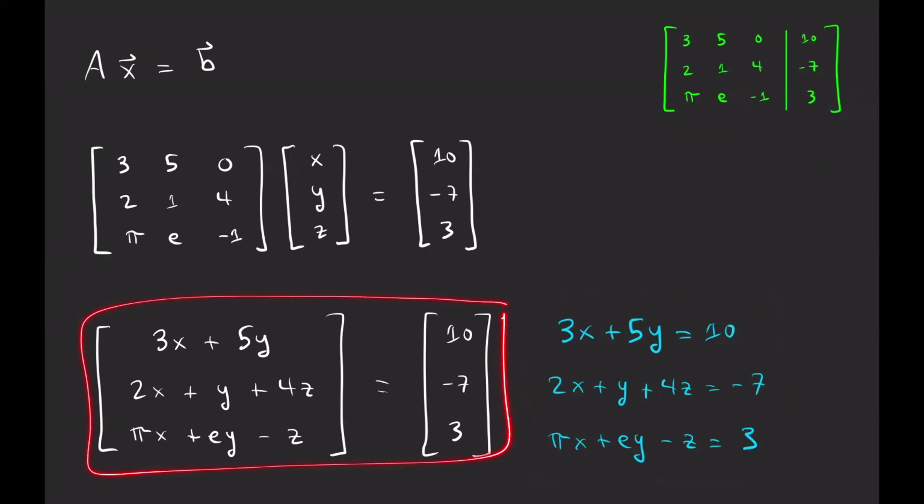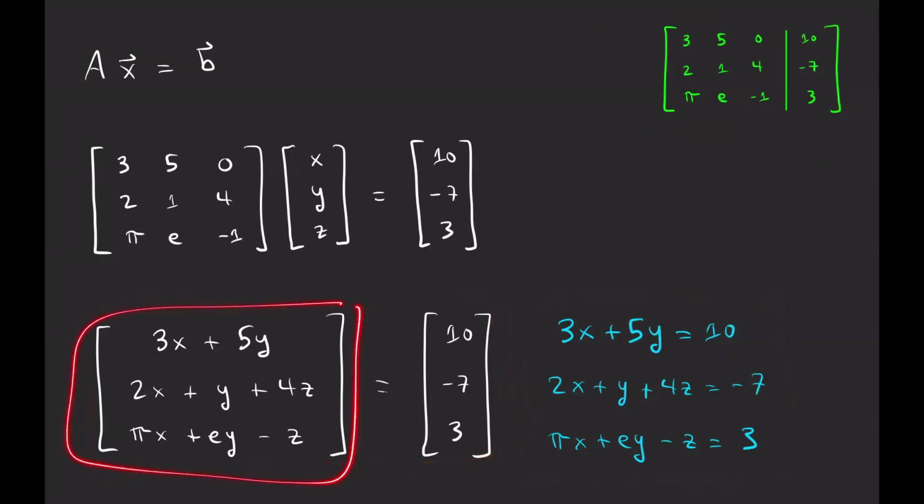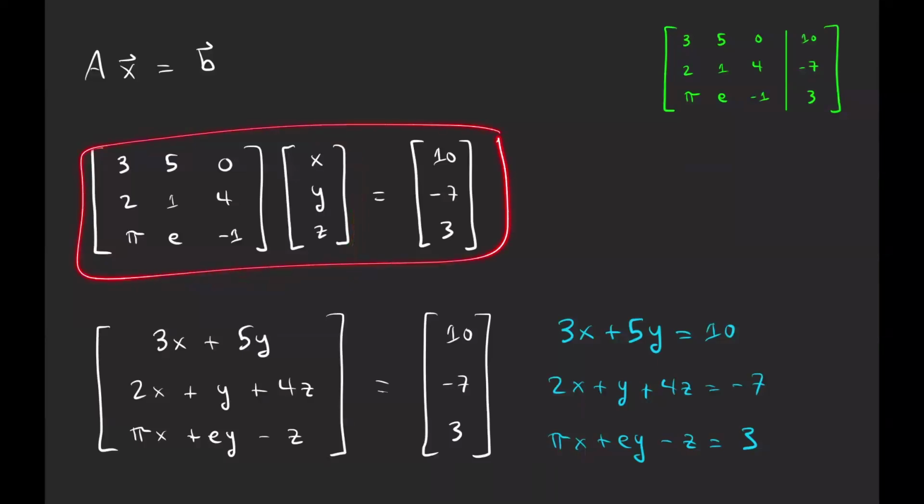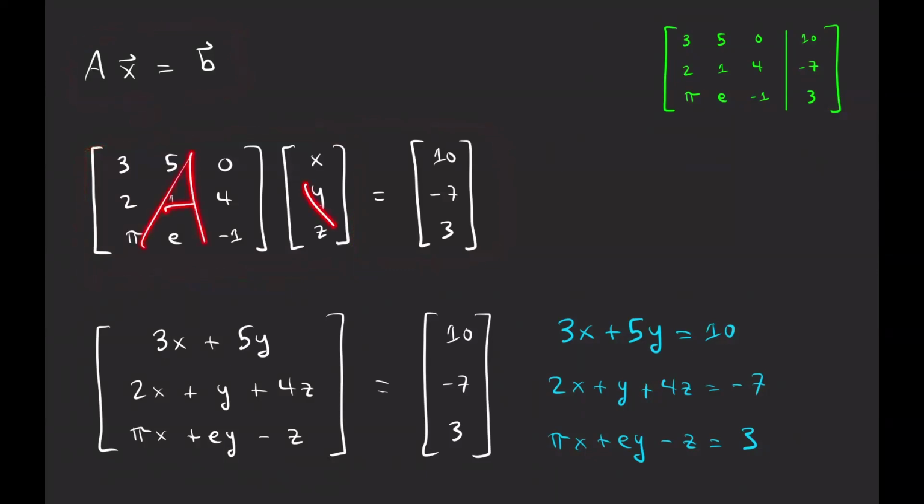And then by doing sort of a backwards, undoing matrix multiplication, you can write it as a multiplication of a matrix times a vector that you don't know what that vector is. We don't know what x, y, and z are. But now I have this. And if you want to, you can write this in the succinct format, Ax equals b, where this is A, this is x vector, this is b vector.